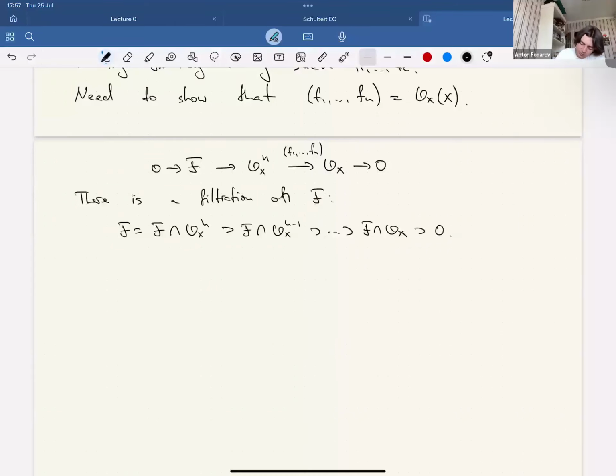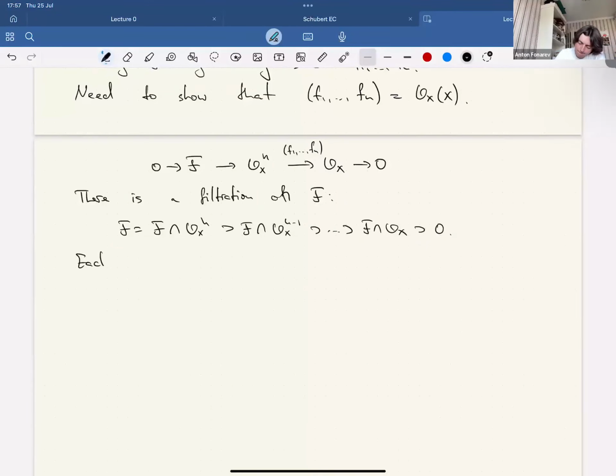But now each subquotient is an ideal sheaf.